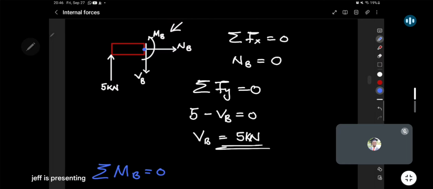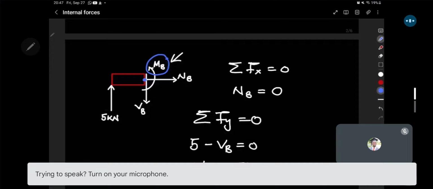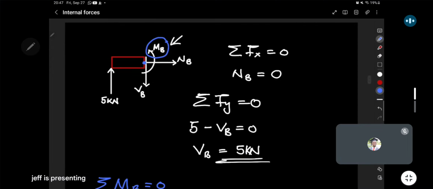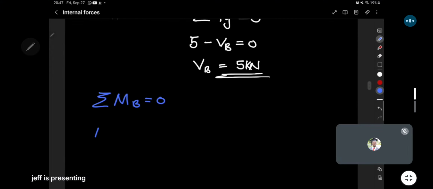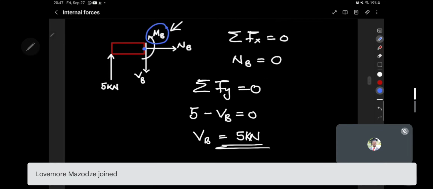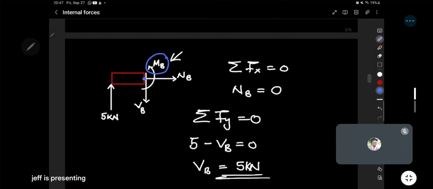So firstly, we already have a moment there, the bending moment itself, which is anti-clockwise, so we include that. And it's anti-clockwise, so take it as positive. Next, you notice that the shear force here passes through B, so it will not cause a moment about point B. The normal also passes through B, so it will not cause a moment about B. But the 5 kilo, however, does not pass through B, so it will cause a moment about B. So in this case, we have to include the 5 kilo.